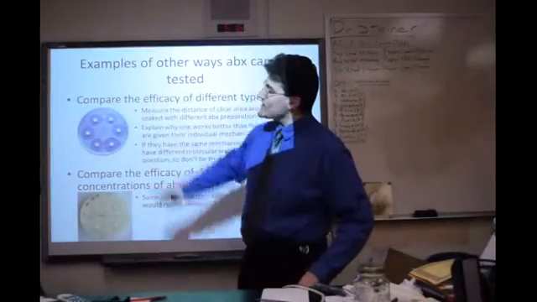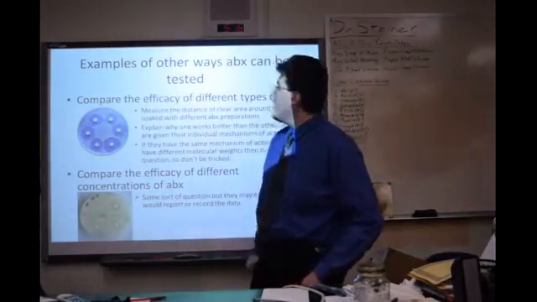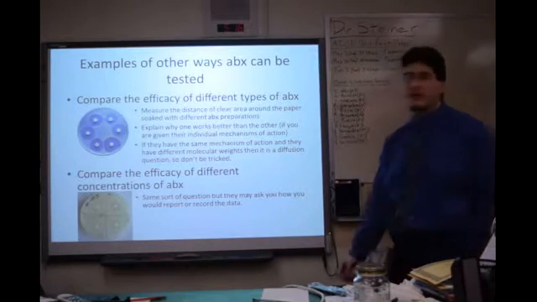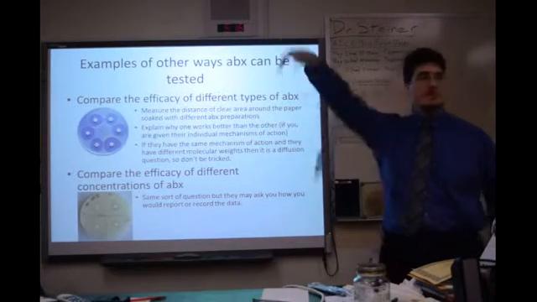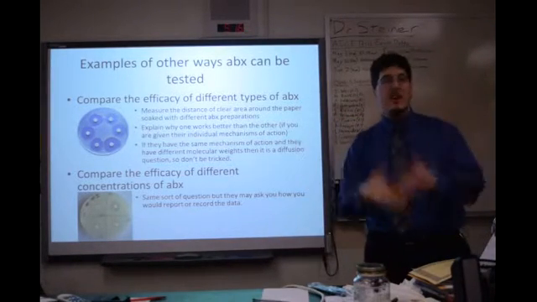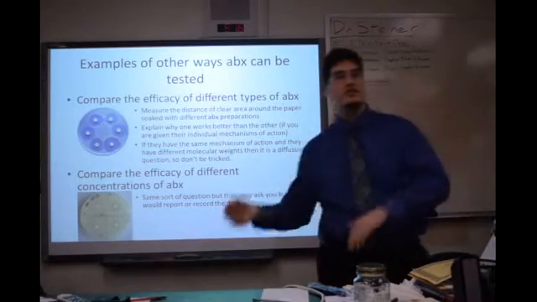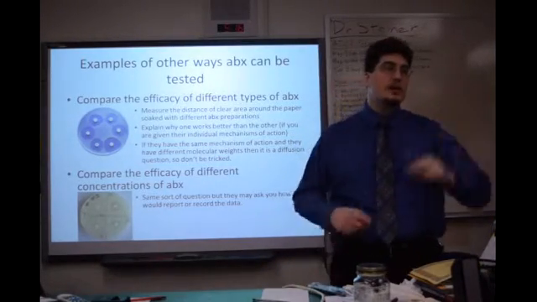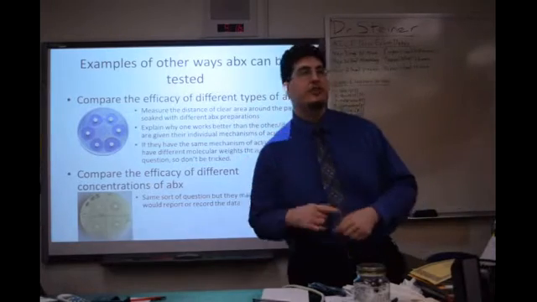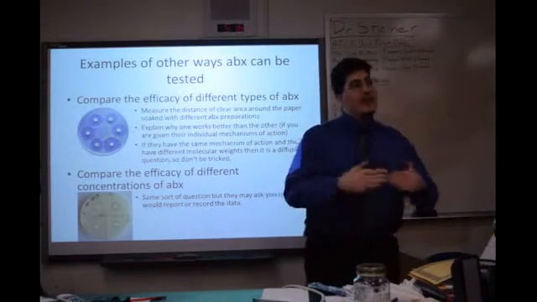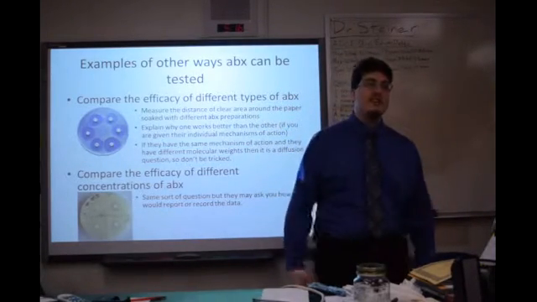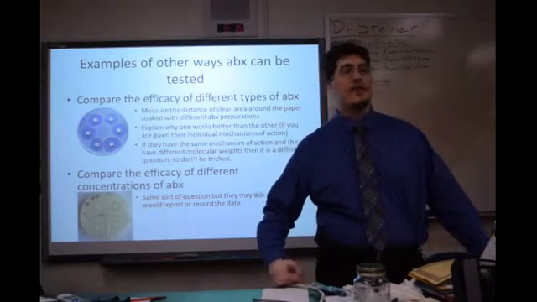Now, if you're asked to compare the efficacy or explain why one works better than the other, it's the same question as before. What's the target? Is it present in one versus the other? If one has no clearance and the other has large amounts of clearance, is the bacterium gram-negative or gram-positive, and what is the target of the antibiotic?